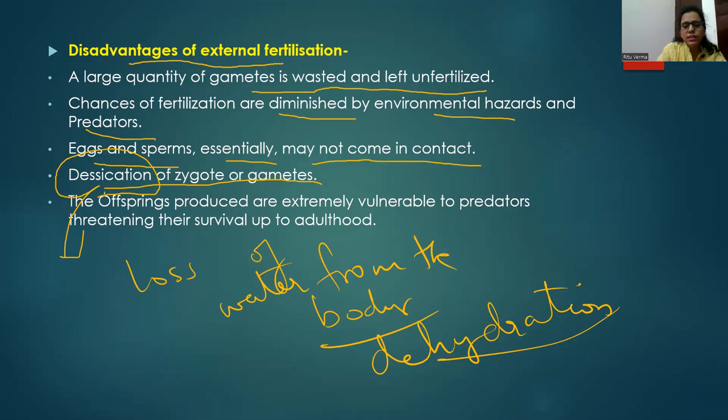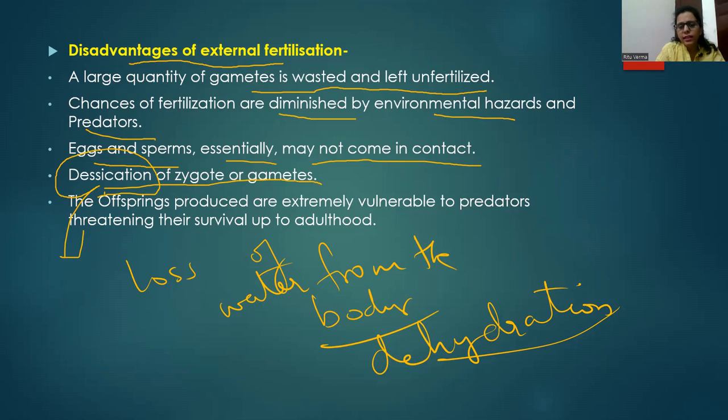And the last one is, for example, the gametes have fused, the zygote is formed, and the zygote has developed into a new individual. Like in the case of frog, after fertilization, the frog undergoes metamorphosis and tadpoles are produced.